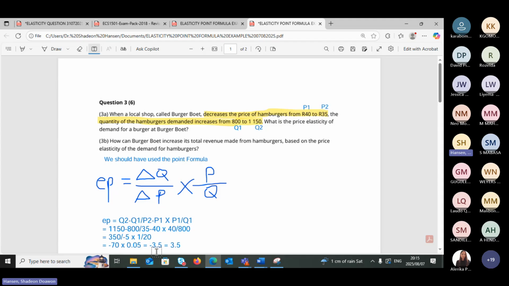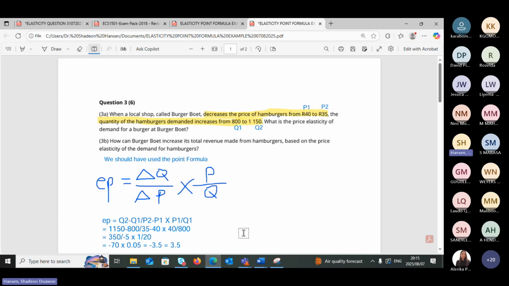But let's say we did the calculation and got negative 3.5 as our final answer, but then you see in the options there's no negative 3.5. I don't want you to panic. It's just that we use the positive value. There will most likely be a positive 3.5 in one of the options, and if there is, that is the option you are going to take, because that is the correct option.